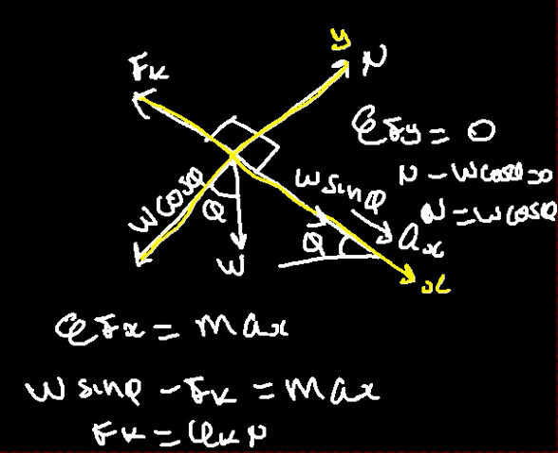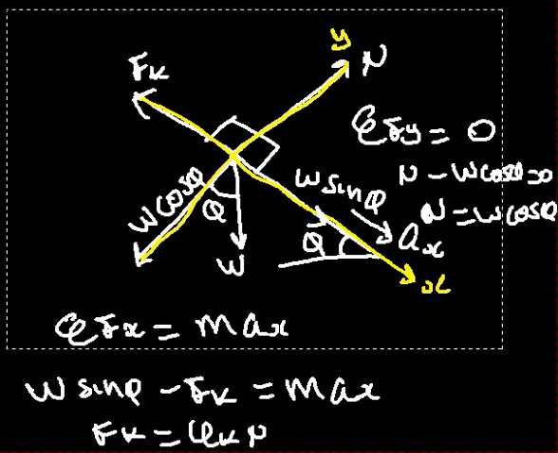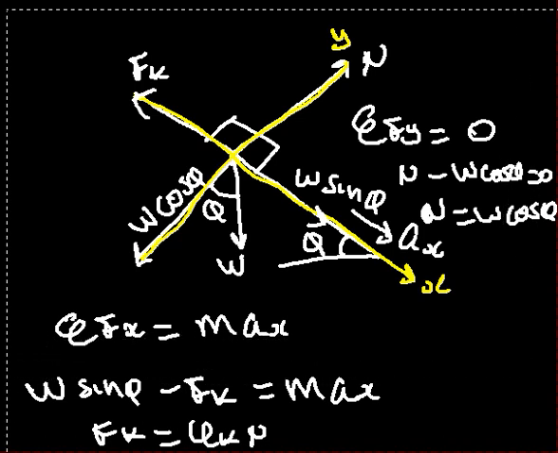Upon having the normal force, you put it here, and you have the Fk. That's how you should understand it. So keep that in mind. And from there you will be able to get the acceleration of your interest.